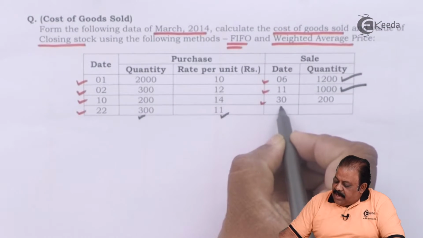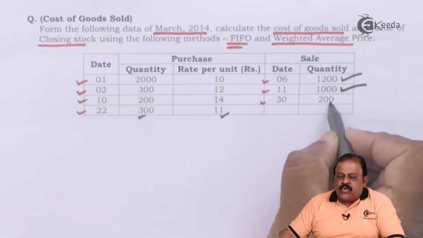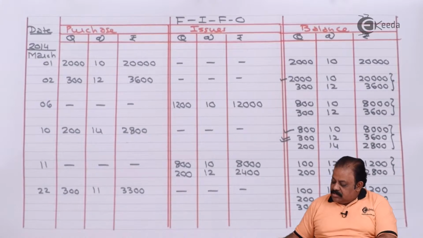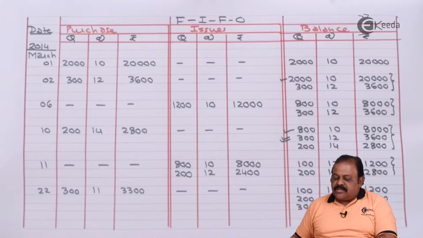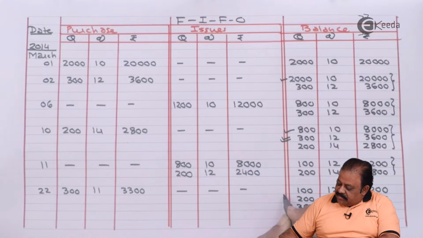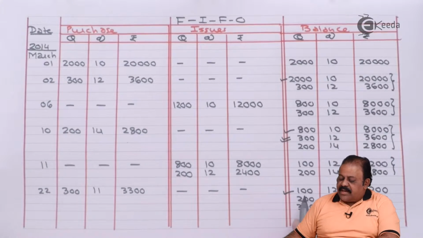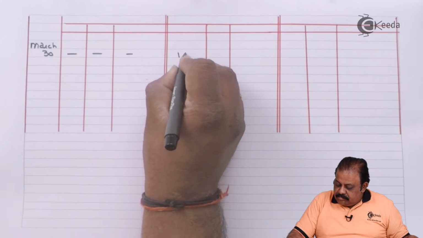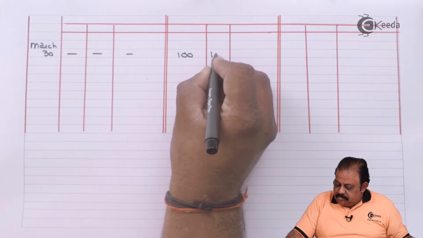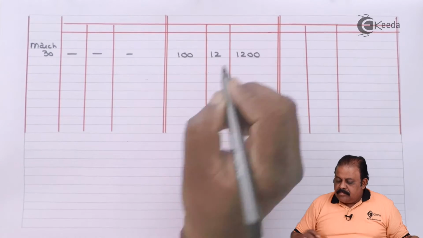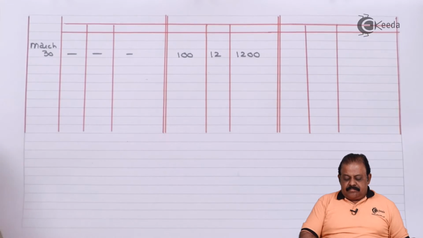On 30th of March, there is sale of 200 units. We have three stocks, 100 units, 200 units, 300 units. We are required to sell 200 units. First, it will be taken from these 100 units. 1,200.